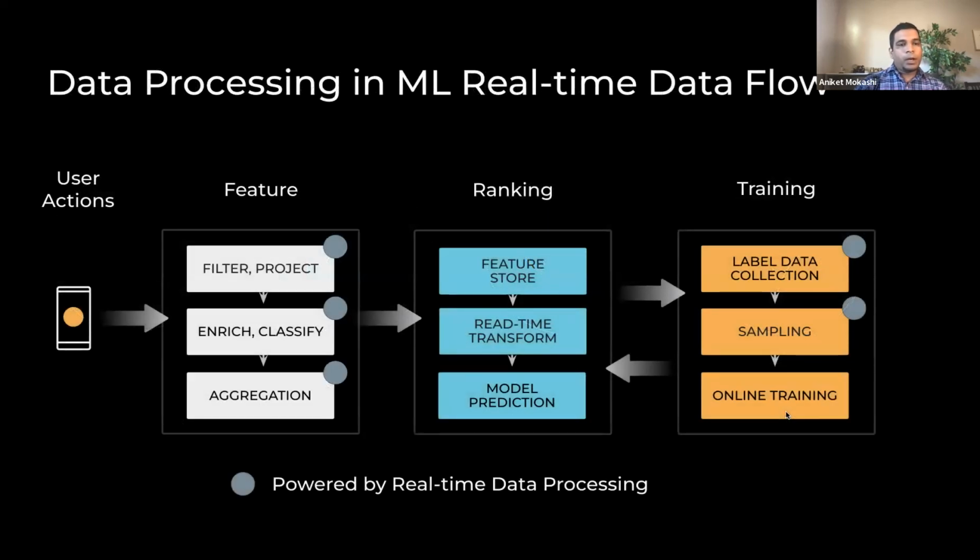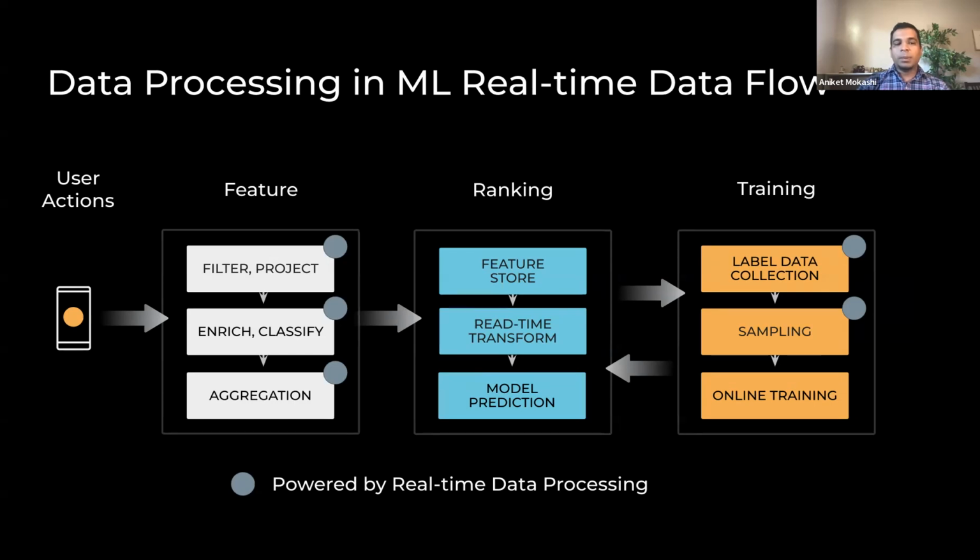Next, let's look at the role of real-time data in machine learning. A typical machine learning application has a couple of parts. One, you have to do feature engineering or feature extraction, and then you rank those features based on some model that you have in mind, and then you use those features to train your model and keep refining it over time.